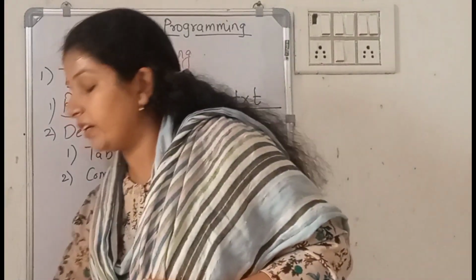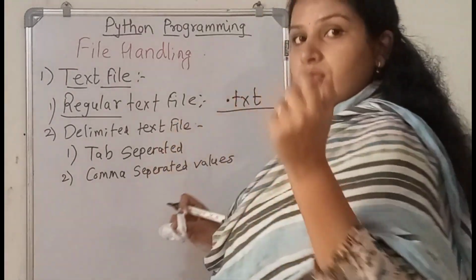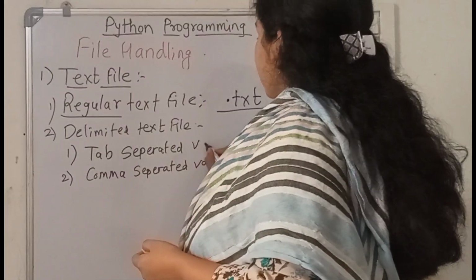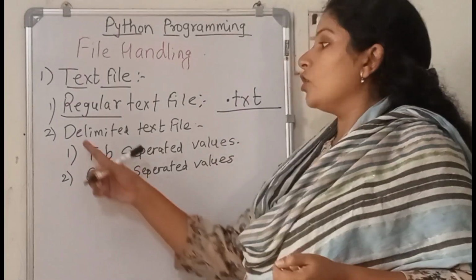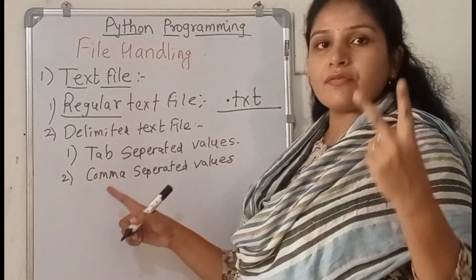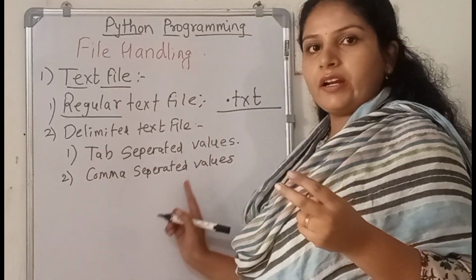So tab separated, instead of file we can mention values, because those words which we are using are actually values, right. So for a delimited text file you have two subtypes, tab separated values and comma separated values.